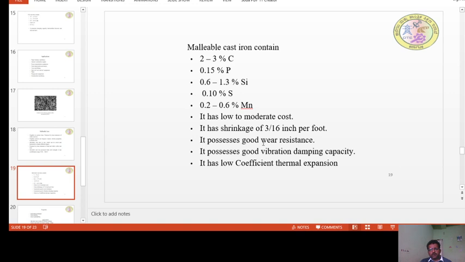And it possesses good wear resistance. It possesses good vibrational damping capacities. It has a low coefficient of thermal expansion. That means when it is subjected to heating, the amount of expansion is low compared to all other types, because of this property.